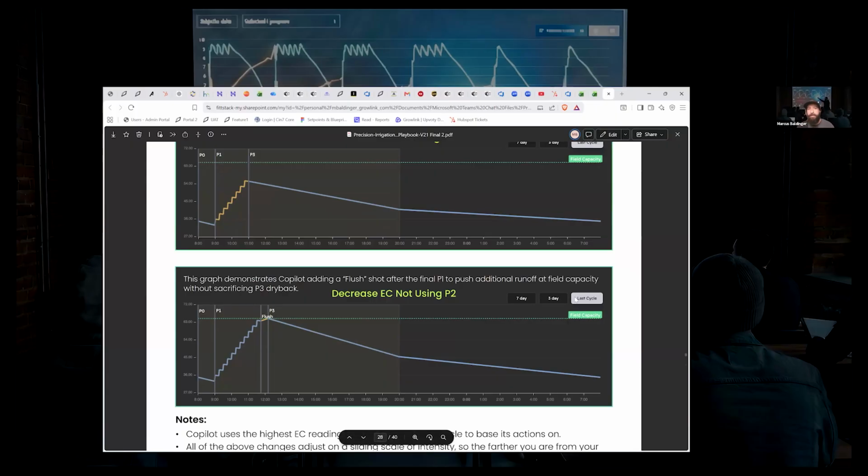But most of the time, it's going to be at the driest point, so like right here. It doesn't matter when that is, just know that whatever that highest point it got to is what it's going to use as its basis. So if you had 5 as a target and it got up to like 7 up here, it is going to push a significant amount of runoff trying to get this point right here to 5.